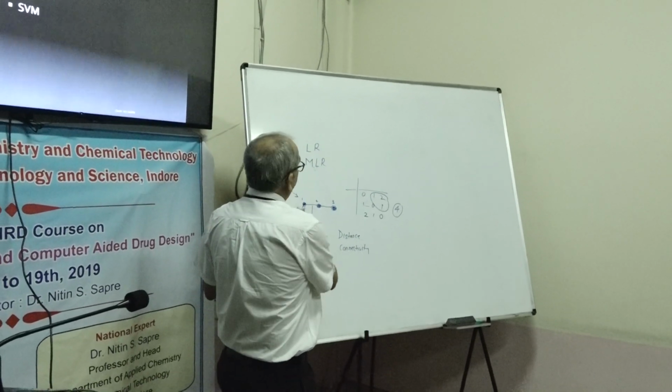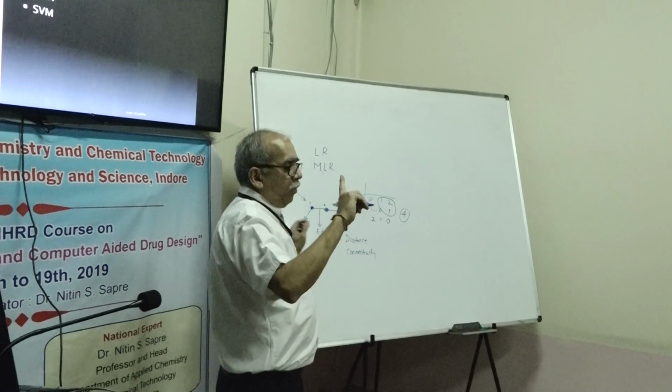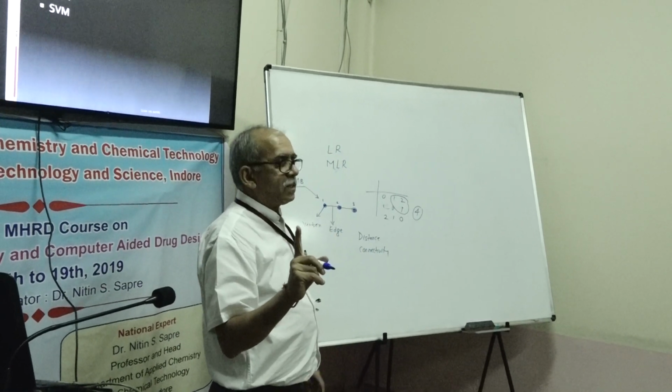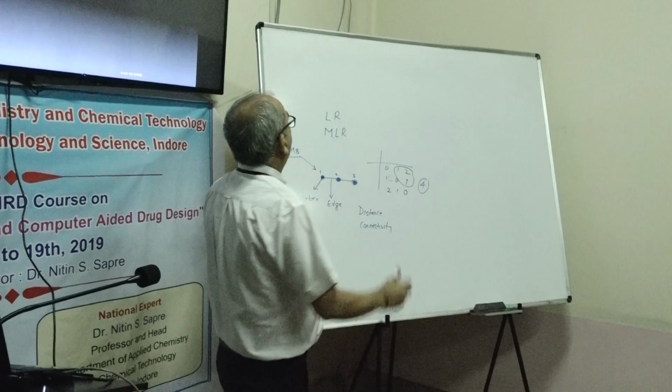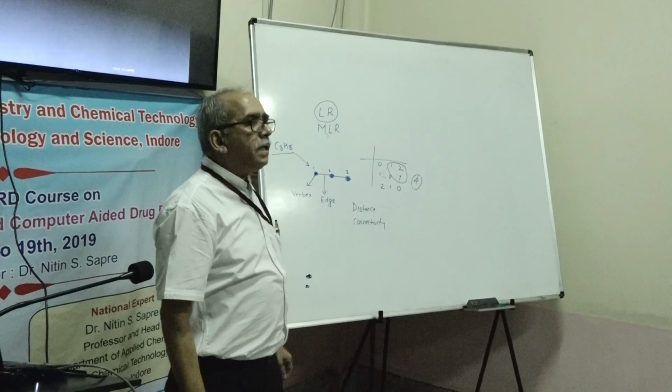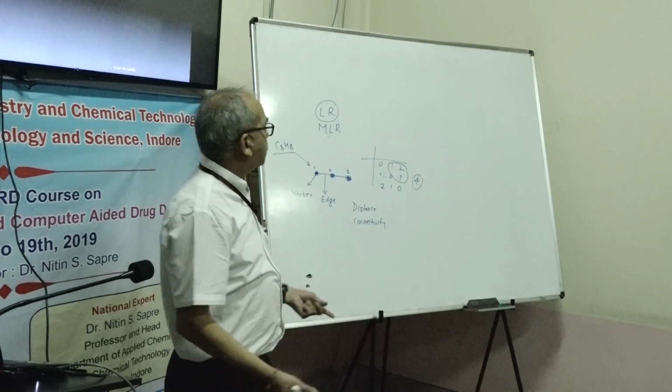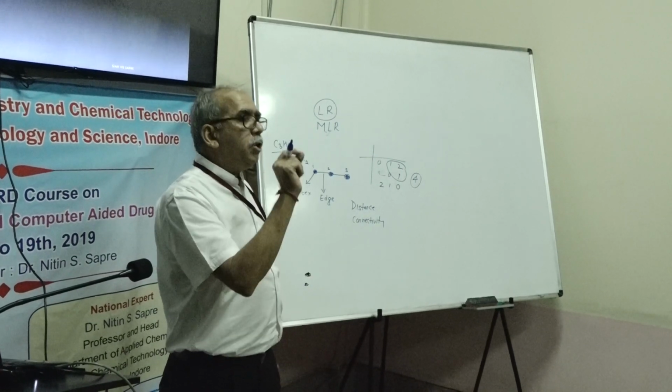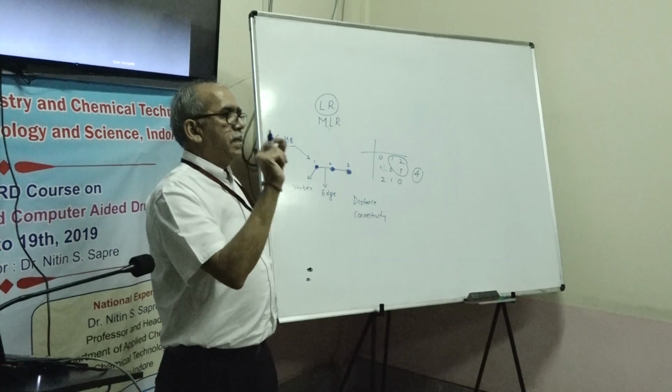When you correlate one index with one property, we can perform linear regression. We call this a univariate correlation.